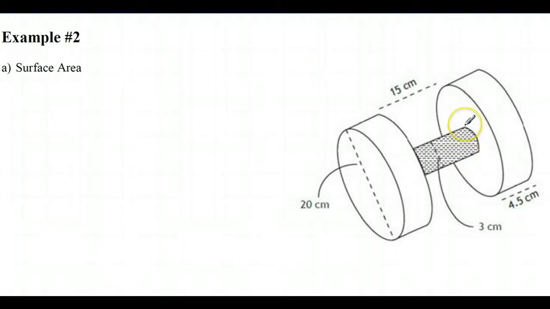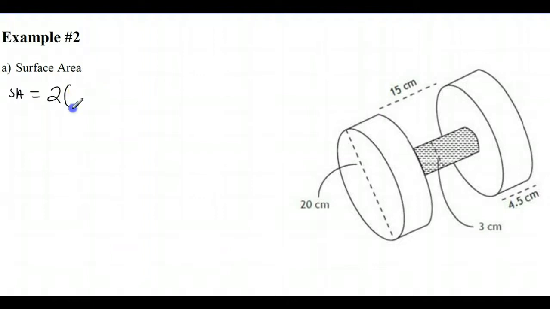So we are going to take the area of the cylinder minus the area of this little circle here, and then multiply it by 2 because there's two of them. And we're going to take the surface area of the lateral part of this cylinder because we don't have exposed ends. Okay, so our surface area.